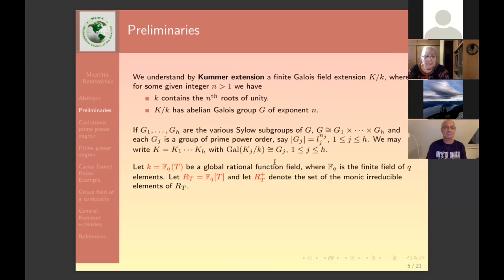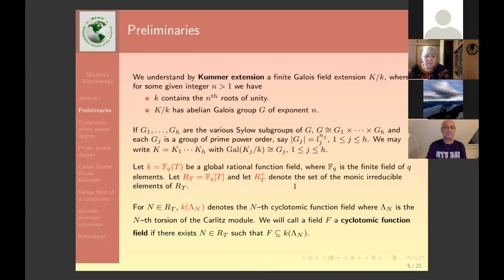Now, the context we are in is a global rational function field, little k equal to Fq(T), where Fq is a finite field with q elements. RT is the ring of polynomials, and RT+ is the set of monic irreducible elements of RT.